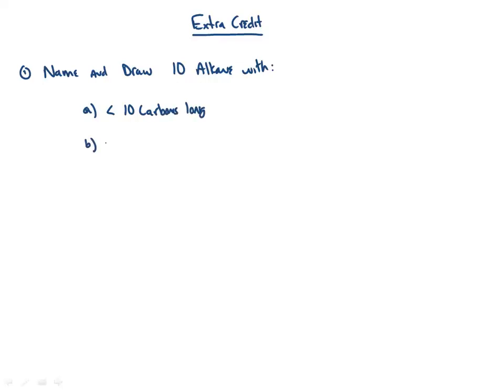They must contain 2 or more bromines, fluorines, iodines. I'll let you use chlorine, but don't use 2 chlorines because I've named all of those. And if you just use 2 chlorines, you won't get anything.